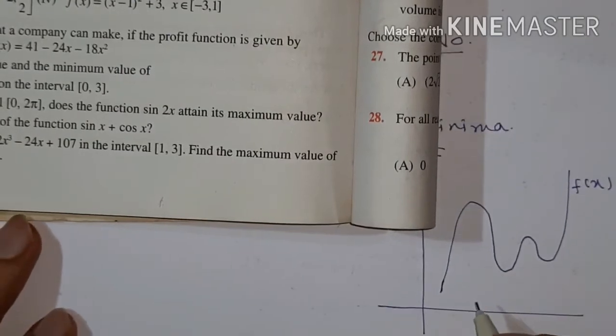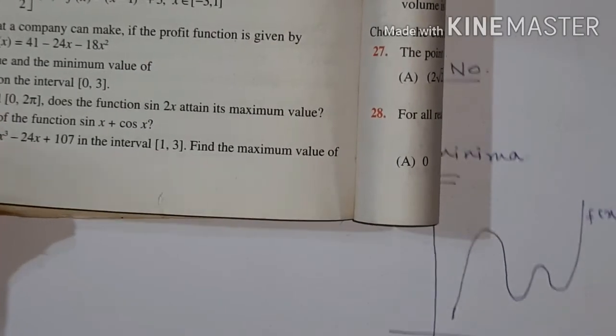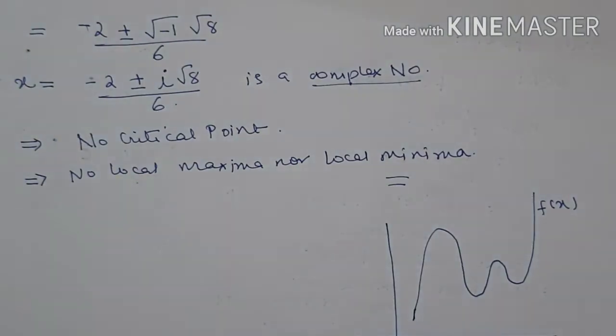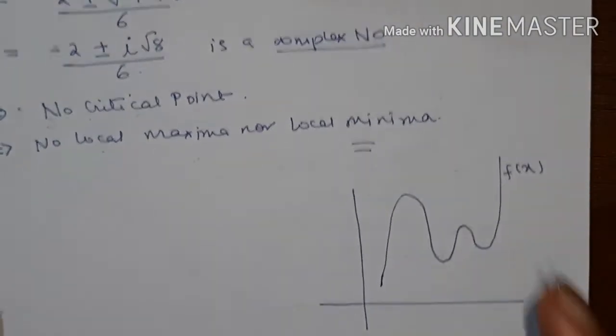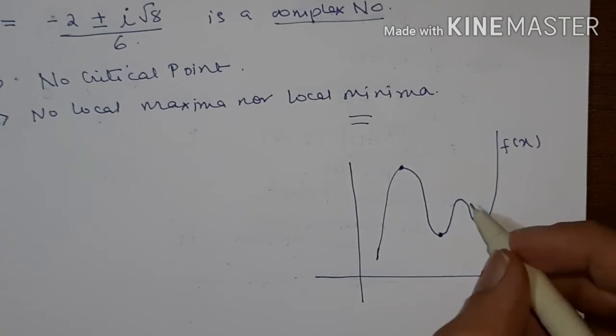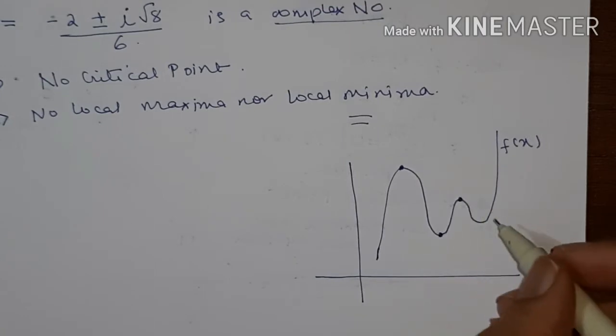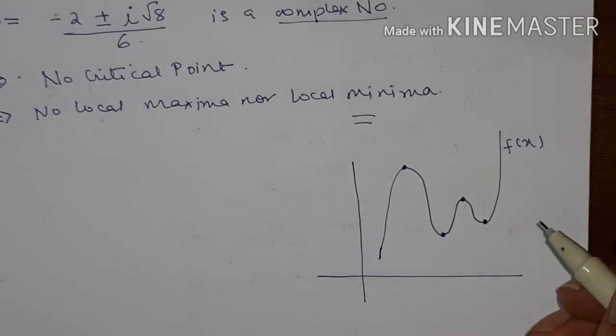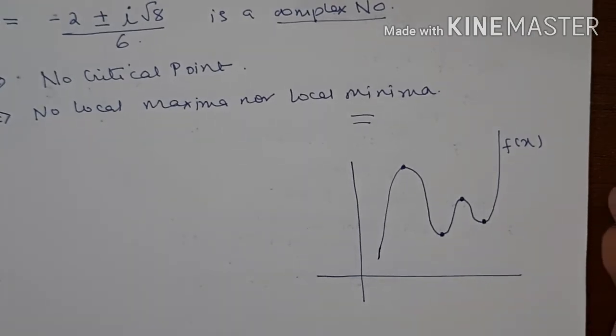Now you can see the graph of the function, and the local maximum and local minimum values. See, this is the local maximum value, this is the local minimum value, this is the local maximum value again, and this is the local minimum value, right? But what we have to find is the absolute maximum value.